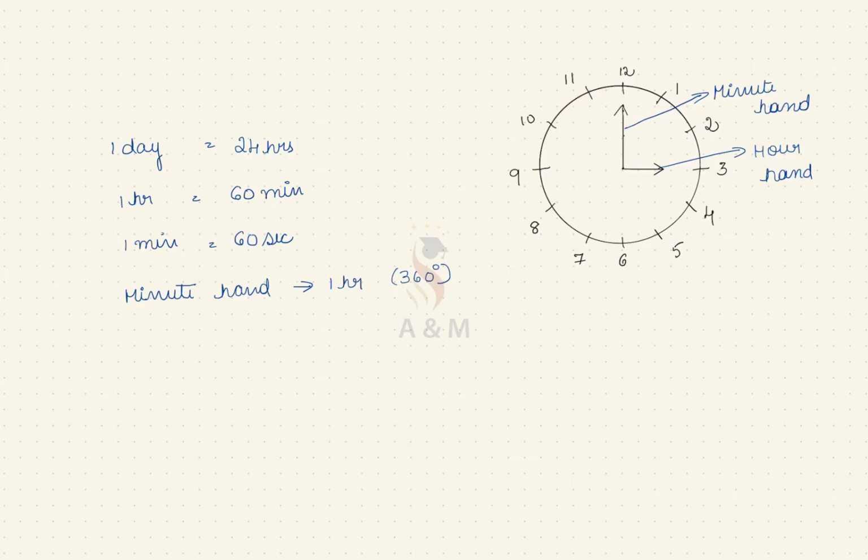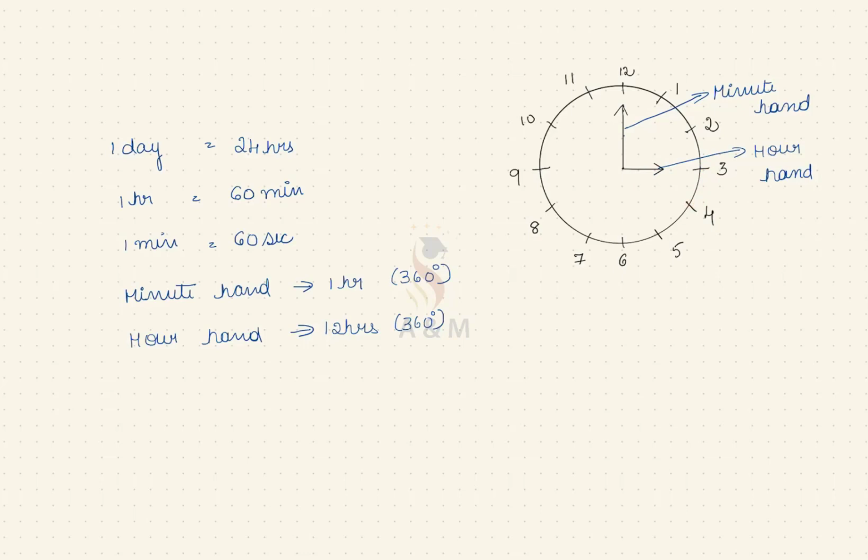Okay. Now your hour hand. How much does your hour hand take? It takes 12 hours to rotate 360 degree. How is it 12 hours? Here is your hour hand. Correct? Hour hand takes 12 hours to make one circle, because when your hour hand reaches from 3 to 4, it means it is 1 hour.